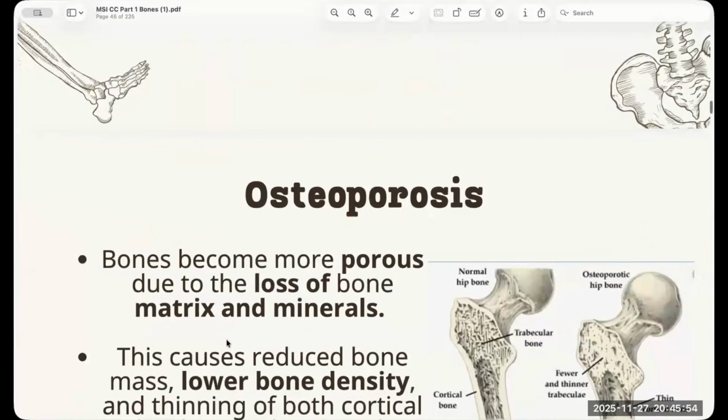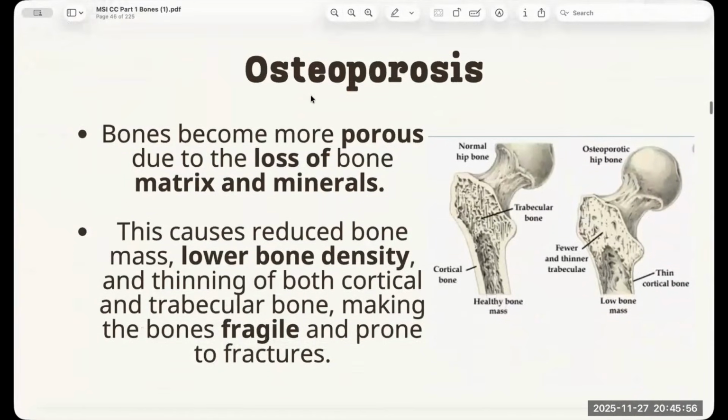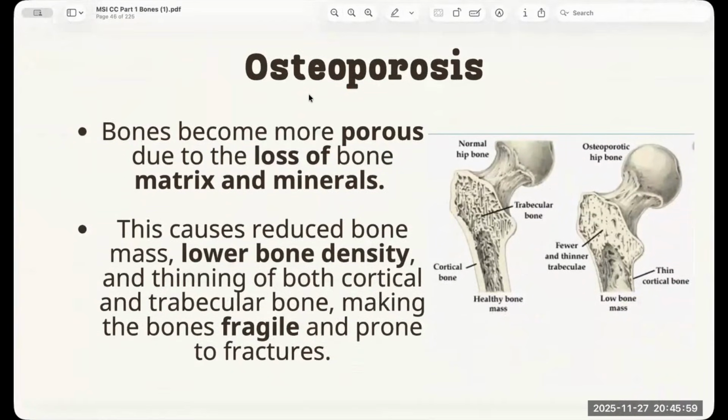All right. Now, when we talk about metabolic bone disorders, we have a couple of types. First of all, we're starting with osteoporosis. Osteoporosis is basically when the bones become more porous due to the loss of bone matrix and minerals, as shown in these pictures here.